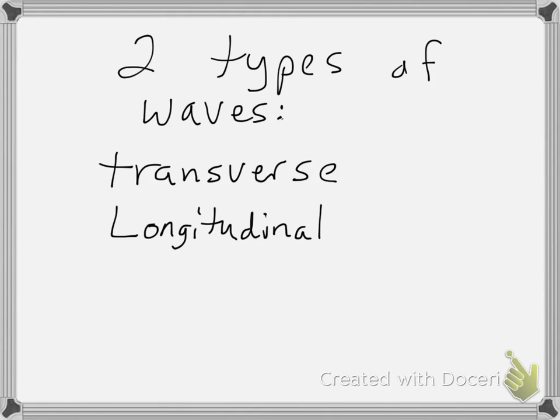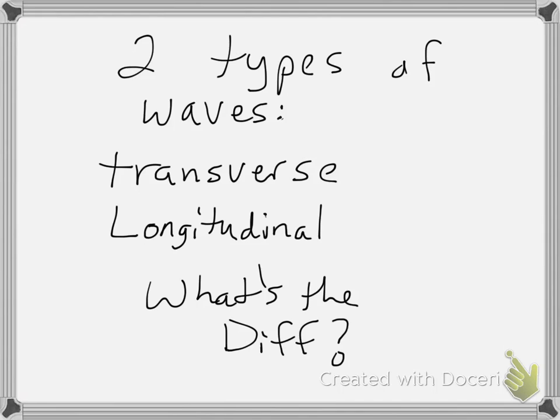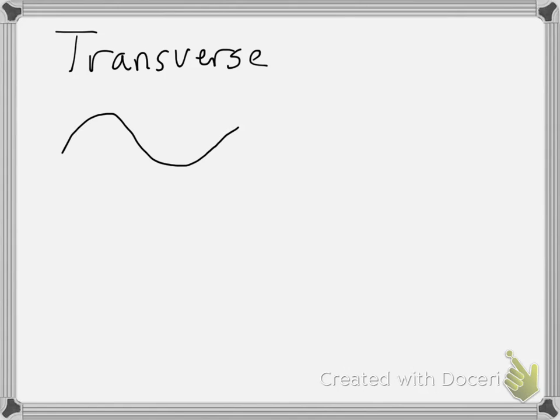All right. And what's the difference? Right? What's the difference between these two types of waves? So a transverse wave is the kind of wave that you might think of, the waves that we might typically think of. It's a wave that moves up and down like this.